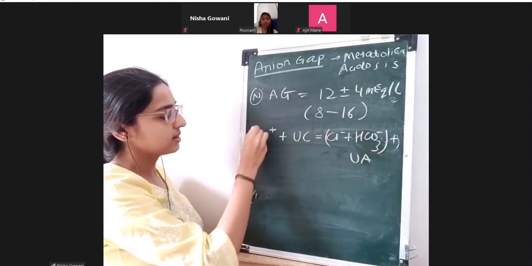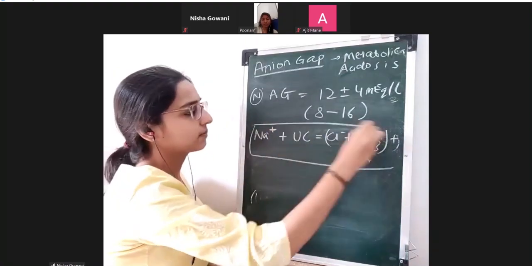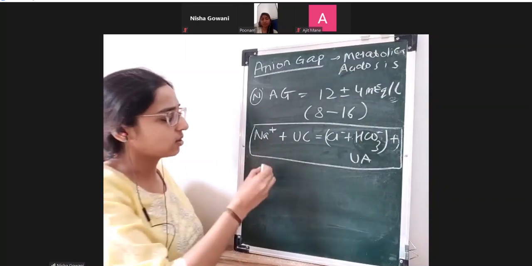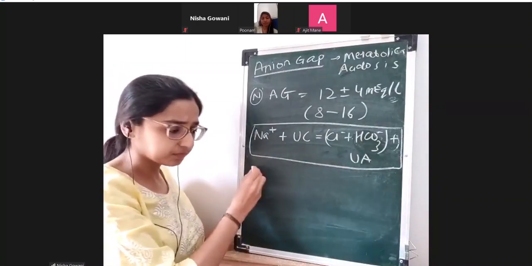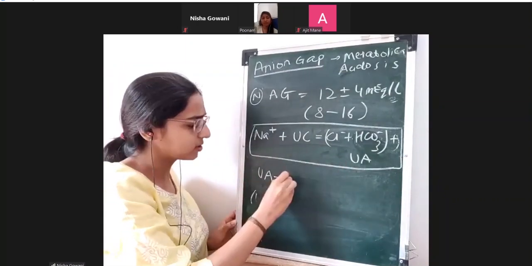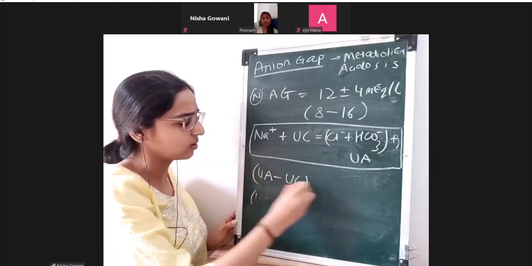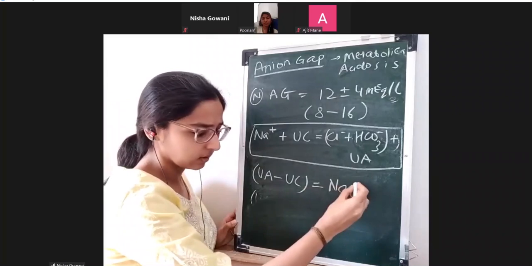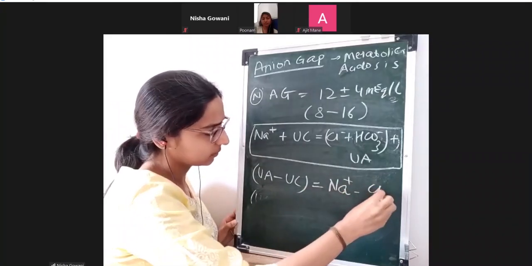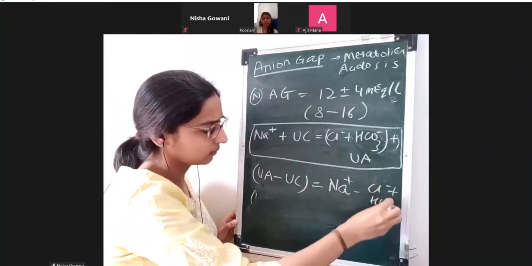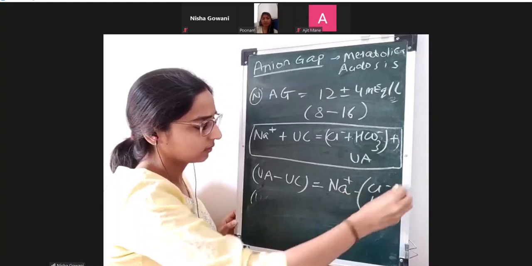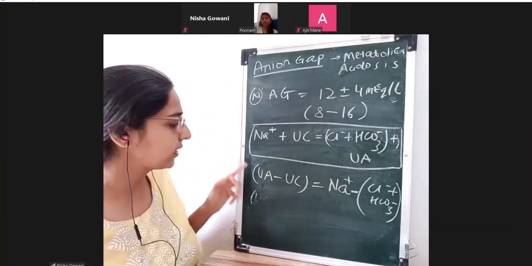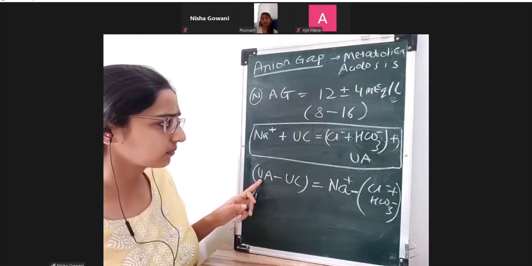So if this equation should be equal, and we rearrange it, what will you get? Unmeasured anions minus unmeasured cations will be equal to sodium minus chloride plus bicarb.